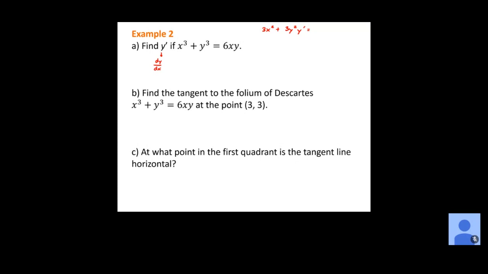How are we going to find the derivative of 6xy? Think about what we've got here. If we've got 6xy, what operation is happening in this case?